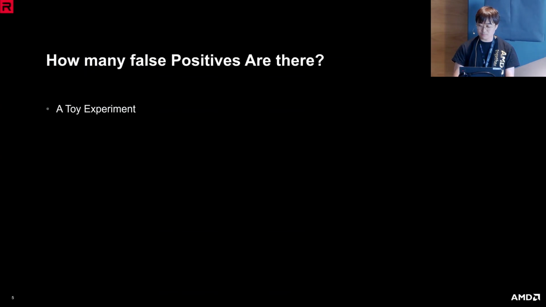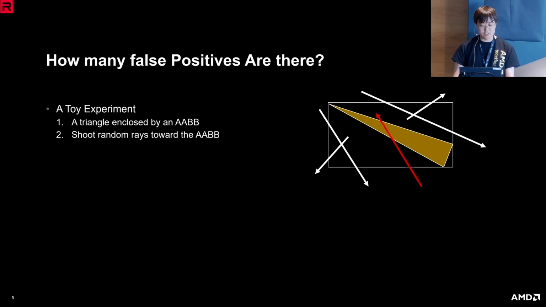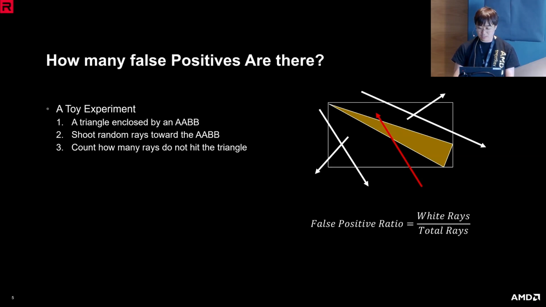First, let me have a look at a simple toy experiment. Let's say there is a triangle enclosed by an AABB and we shoot random rays towards the AABB and count how many rays do not hit the triangle despite hitting the AABB. Then we can know the false positive ratio in this case.